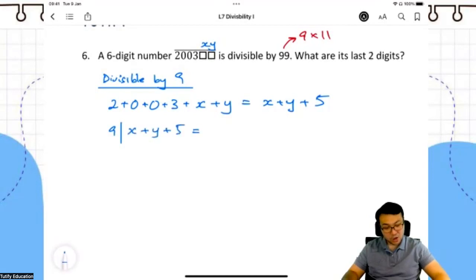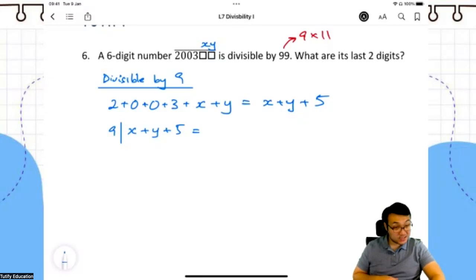And therefore, the possible values of x plus y plus 5, what could they be, Andrea? What is divisible by 9? You know that x plus y plus 5 must be divisible by 9. So x plus y plus 5 must be equal to what? Just tell me one possibility first. 45.